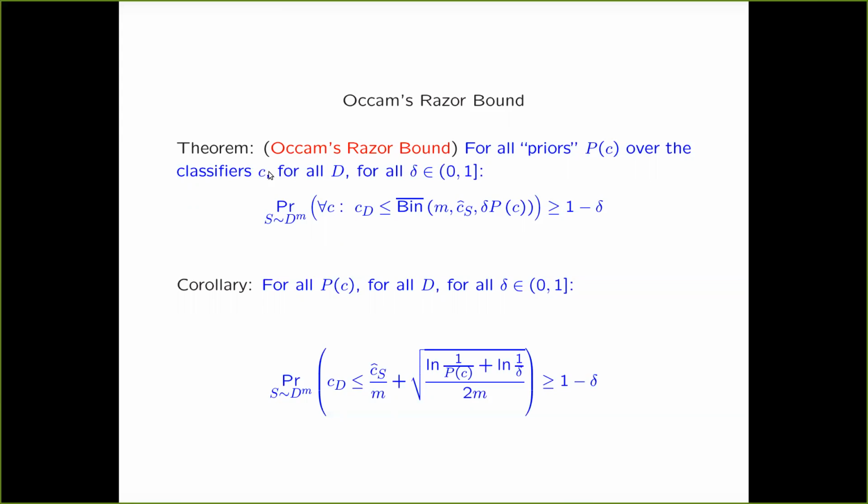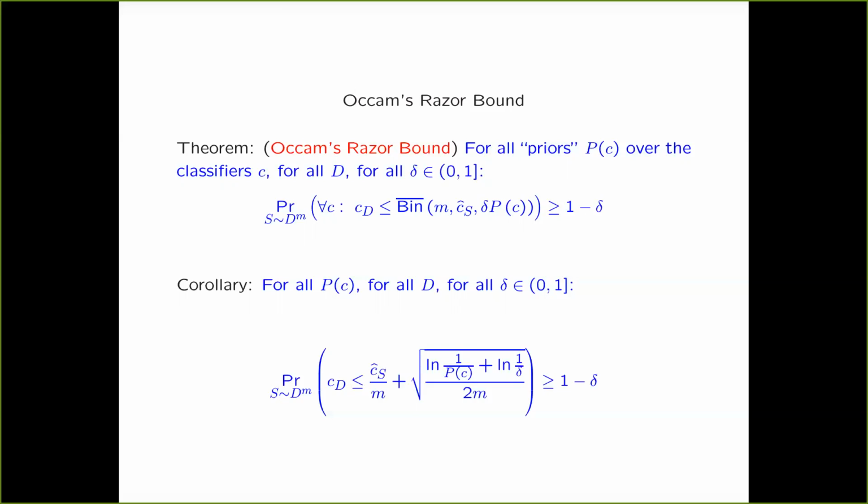And then the claim will be that for every choice of prior, for all possible distributions, for all probabilities of bound failure, the probability with respect to a random draw of a sample, that for all classifiers, the true error rate is bounded by this bin bar thing, except now we have delta times P of C instead of delta as an argument, is greater than 1 minus delta.